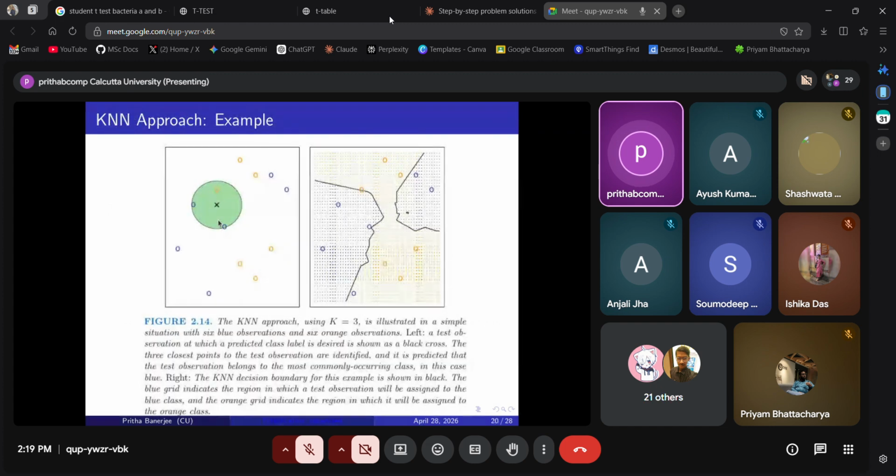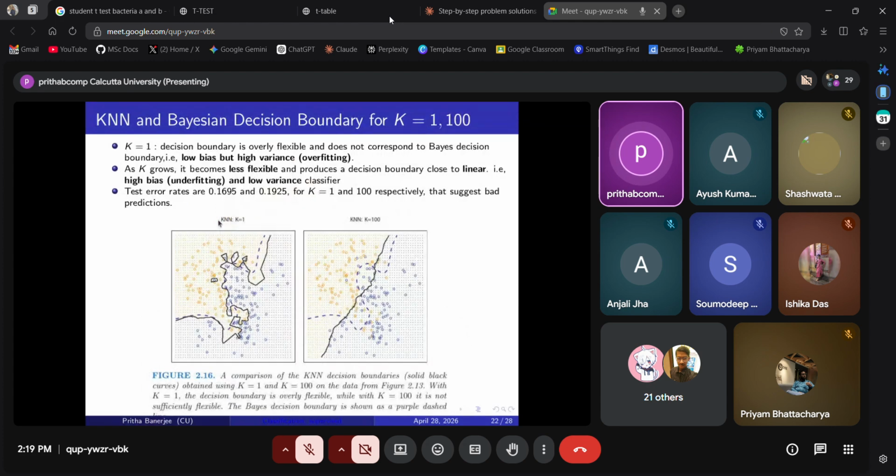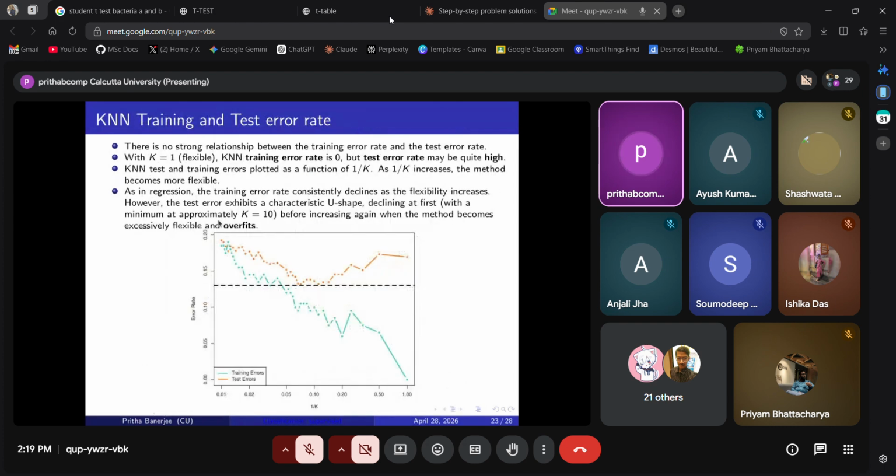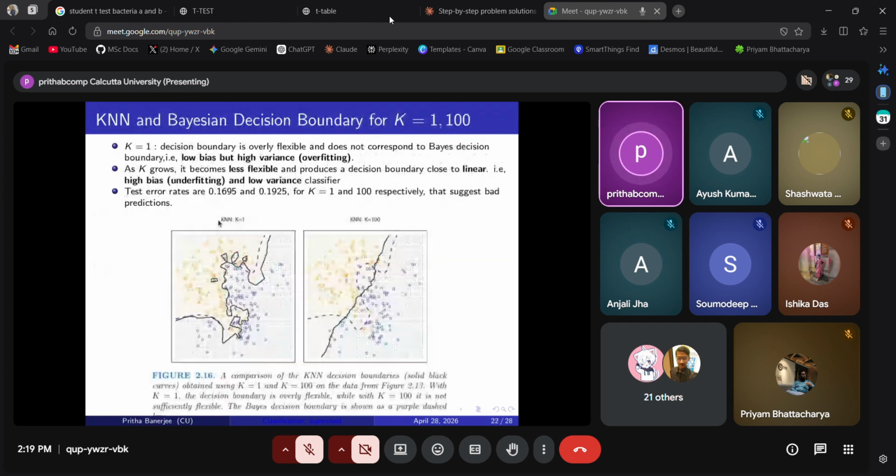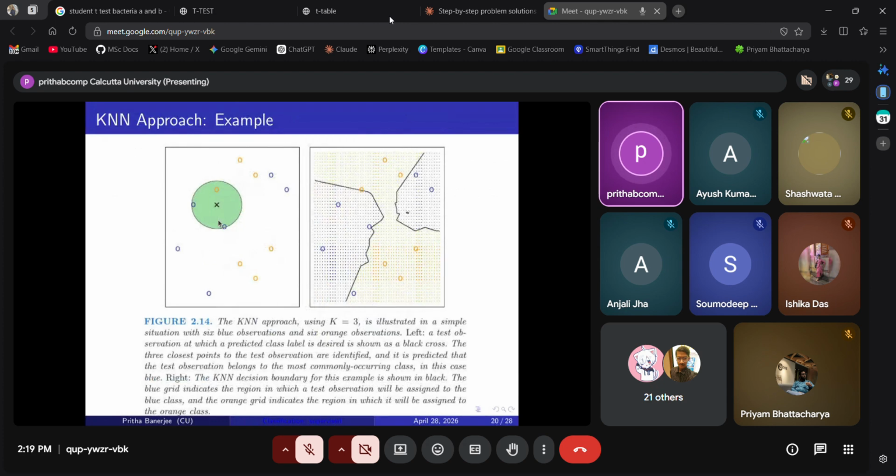With this, the KNN topic is over. Here I've just given some examples showing the Bayesian approach and KNN, and I will ask you to do this experimentation using your Python, using the data set that you have already visualized, or maybe you can take a different data set also.